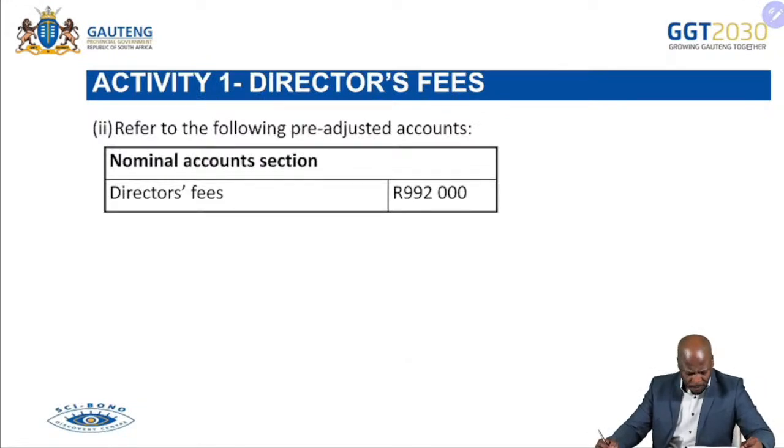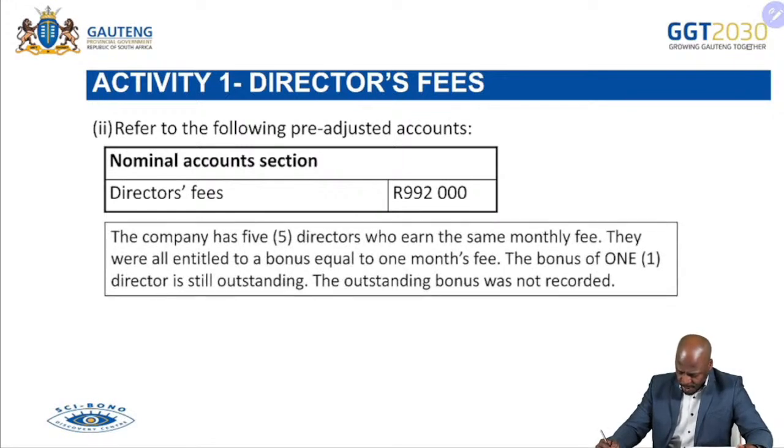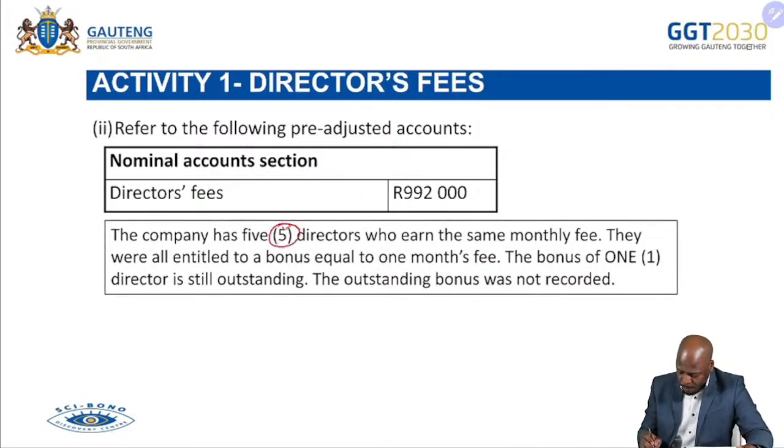It says, refer to the following pre-adjusted accounts, nominal accounts section. And then we have director's fees. Let's hear what is the story with the director's fees. It says, the company has 5 directors, very important to note, who earn the same monthly fee.